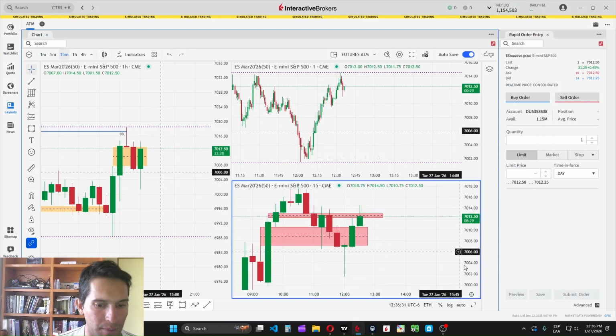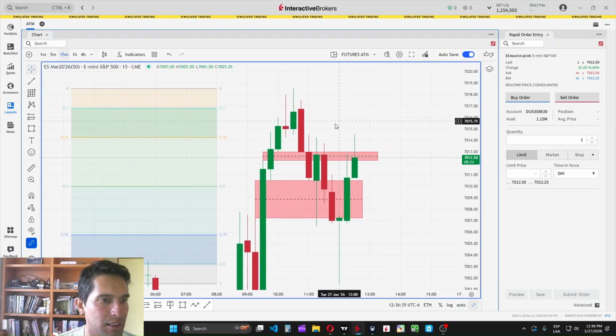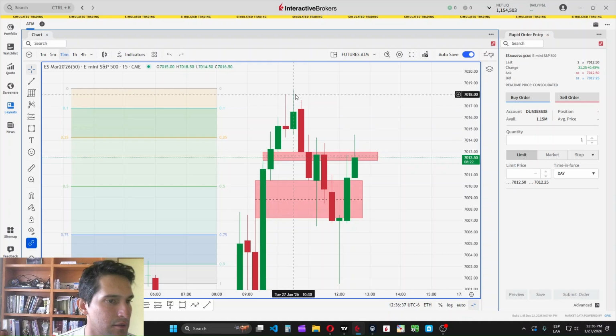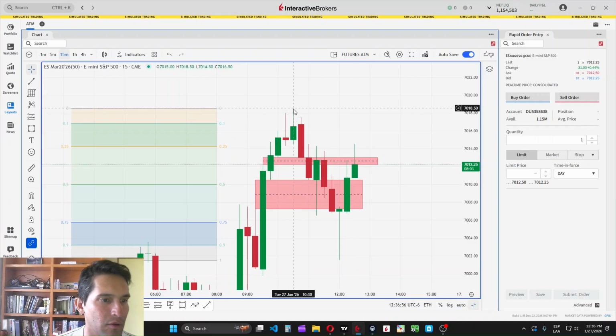So basically what happens sometimes with price is that you create the high of the day and then you rally down, as you can see here, and sometimes the price can create an upward movement here, but it just stops almost at the top of the high of the day.